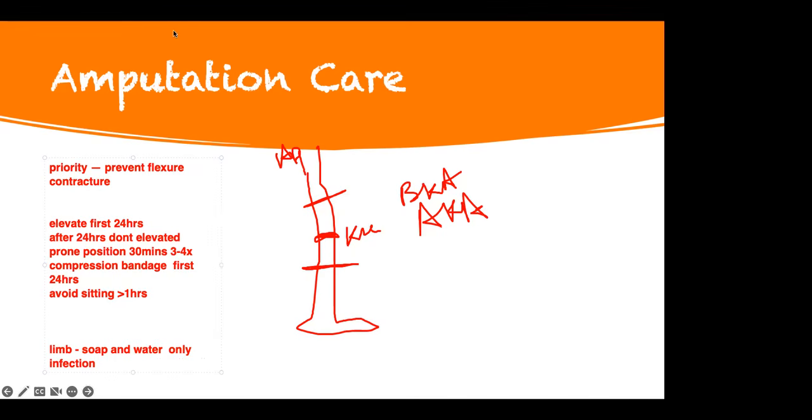And then there's something we call socks. They put the socks around it to put compression around the prosthesis so that it can dry up. So you put the socks on to tighten it. It takes away all the edema. And they should be doing range of motion exercise.